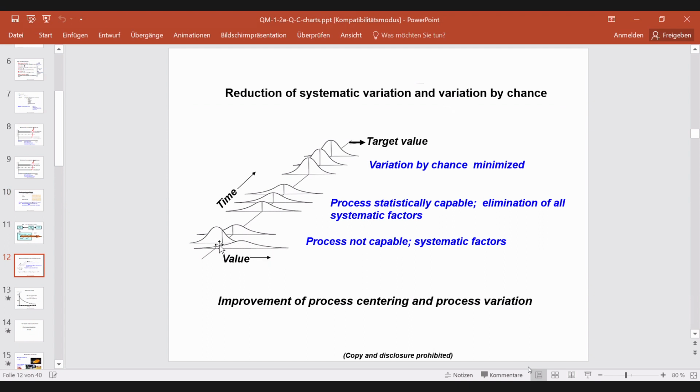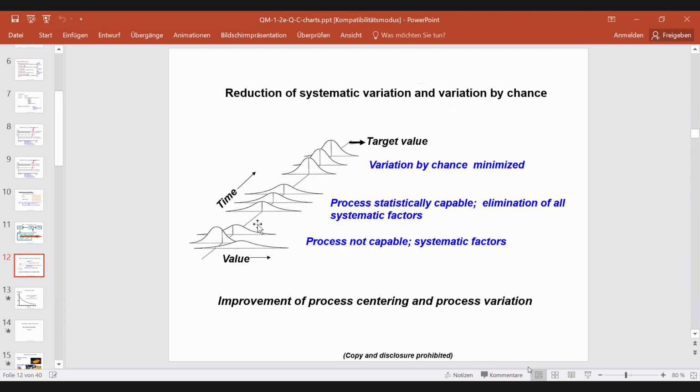Next day, then overnight they stop the process. Next day they have the production like this. They have another mean value, another variation, another standard deviation, and maybe 1 week later they do another production, and then the mean value again is different, and another standard deviation. So this is a process which is not under statistical control.